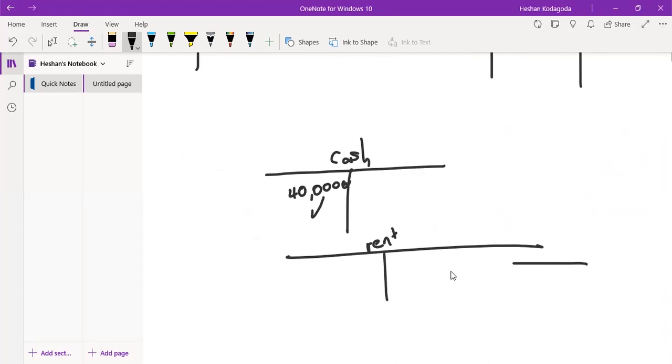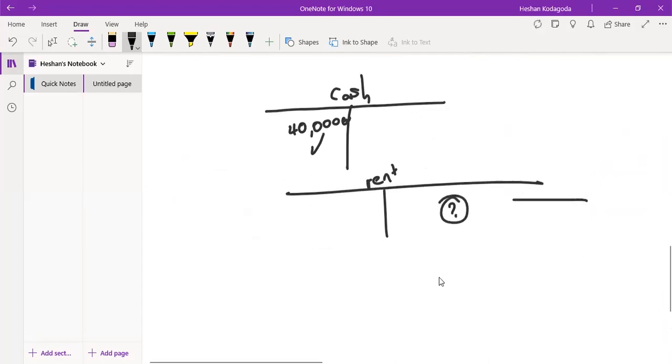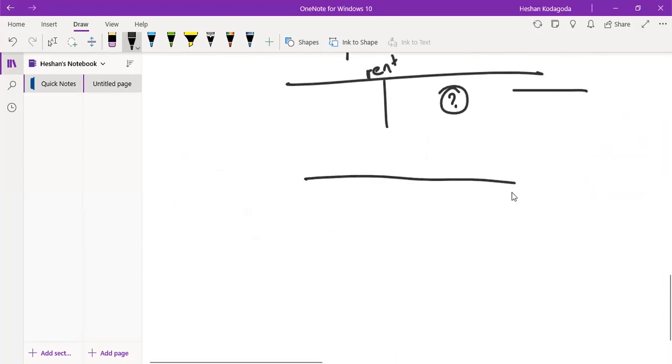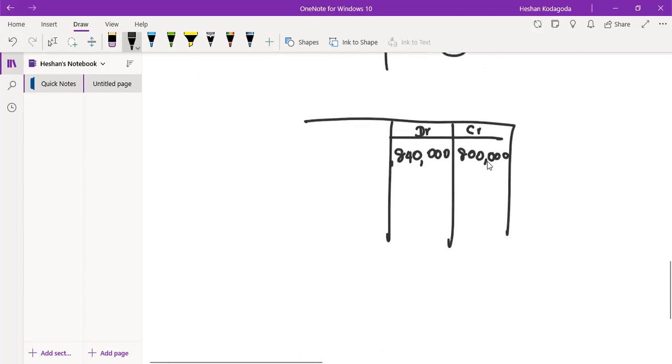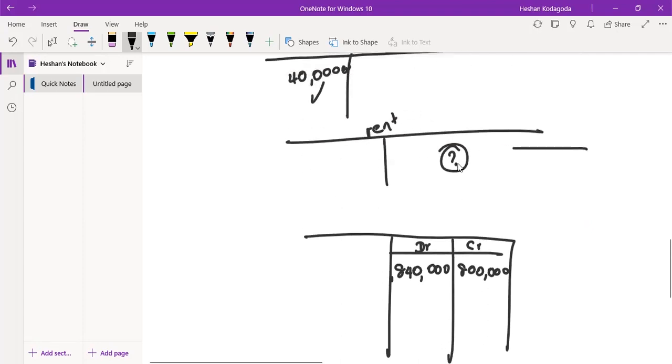But we didn't credit the rent account. Because of that, think what has happened. When it comes to the trial balance agreement, debit and credit, the total on one side would be, say, 840, and on the other side 800. This 40,000 is not written on the credit side, and the balance would go to the credit side, because this is an income account.